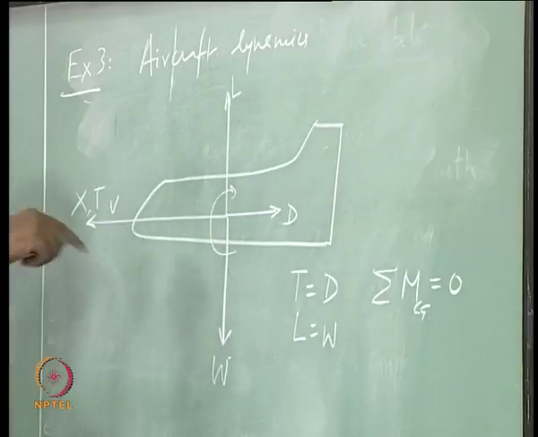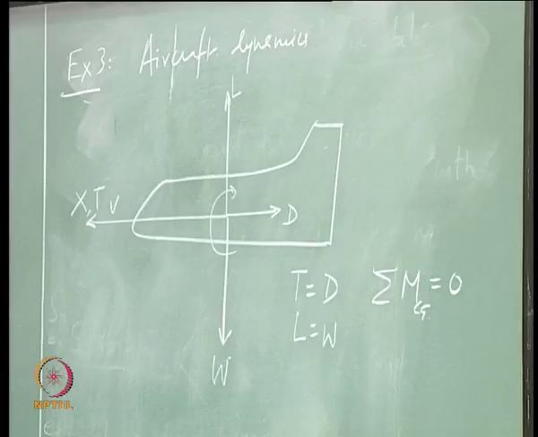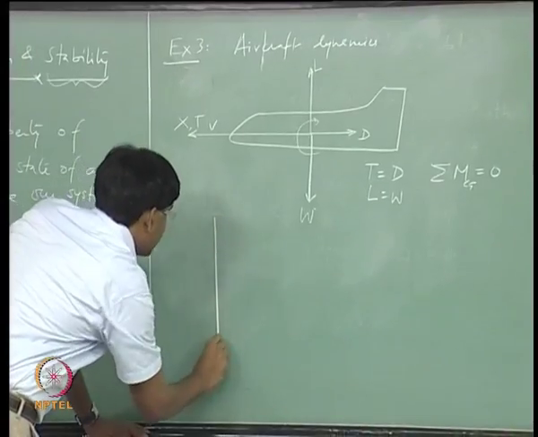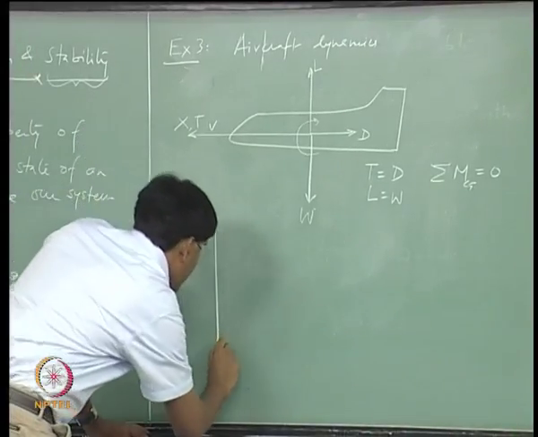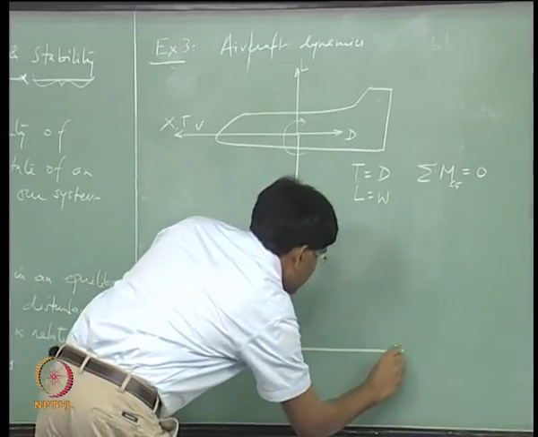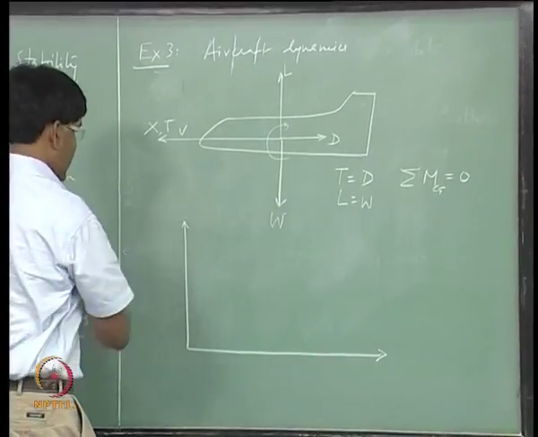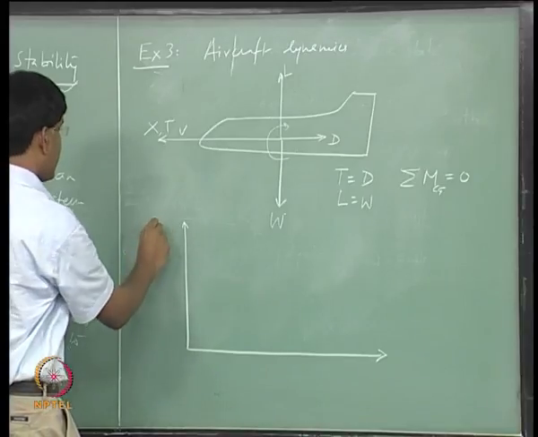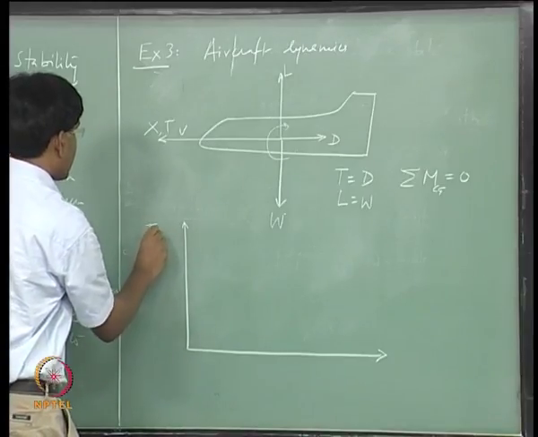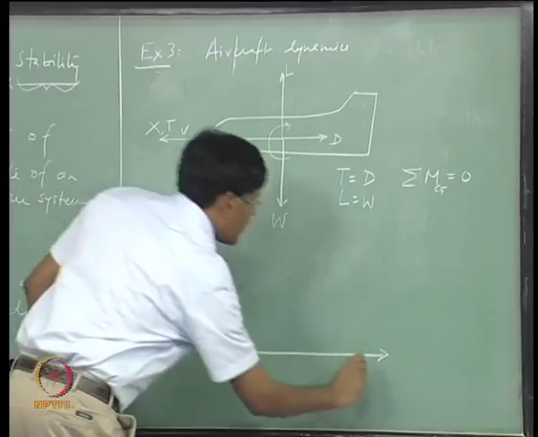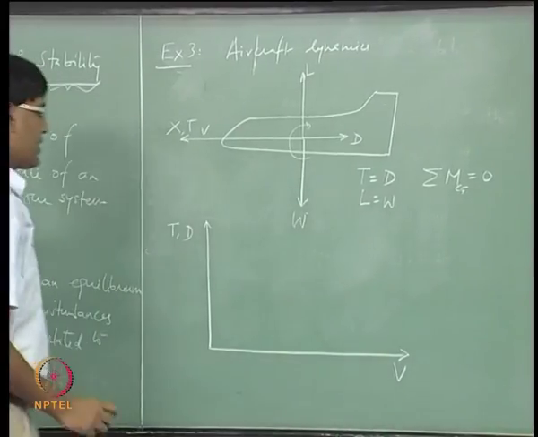So, in this situation, what we want to study is if the aircraft is statically stable with respect to disturbances or not, and this we are only doing graphically. So, here we plot thrust and drag versus speed of aircraft.